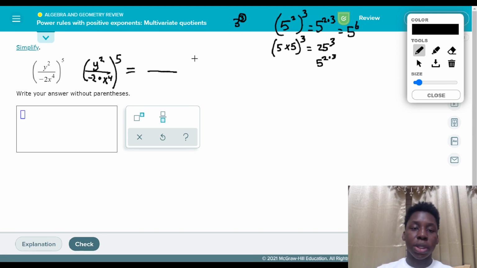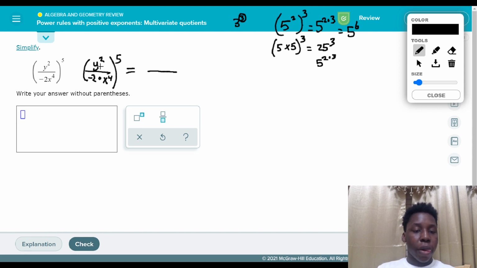Like the bracket is telling us that everything is raised to the power 5, and all these are exponents inside the power raised to 5. So that same approach that we used there, that's what we're going to use for each of them.